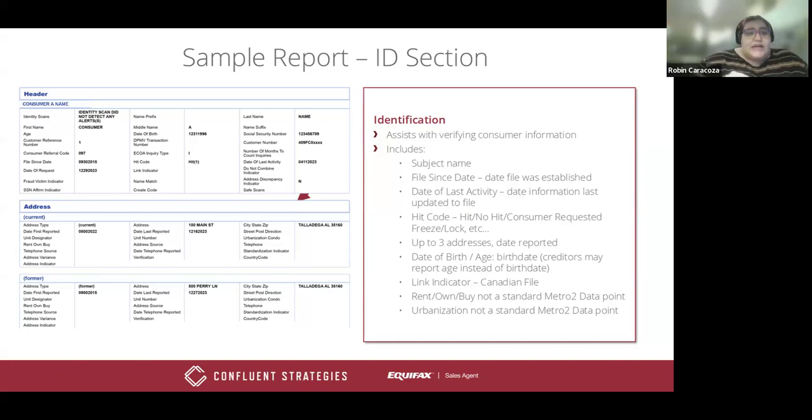So the identity scan is more of a heads-up that there might be something wrong on our back end that might be picking something up. The identity scan is that there's information related to either their name, social, address, or date of birth that we think could be potential fraud, a red flag that we would encourage you to look into further.